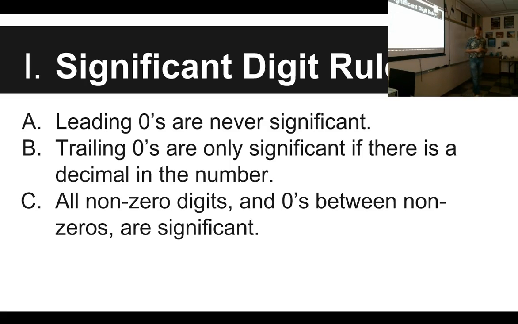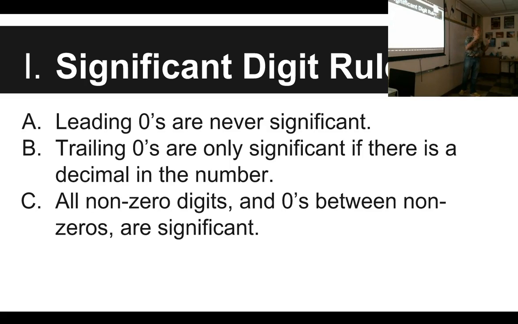Trailing zeros are only significant if there's a decimal in the number. So 206.003000, the last couple of zeros there are significant if there's a decimal point. So trailing zeros are only significant if there's a decimal in the number.